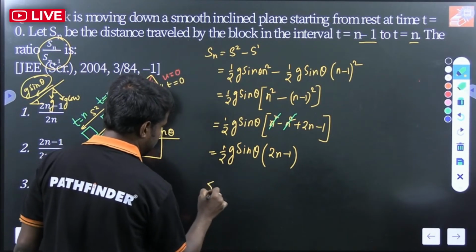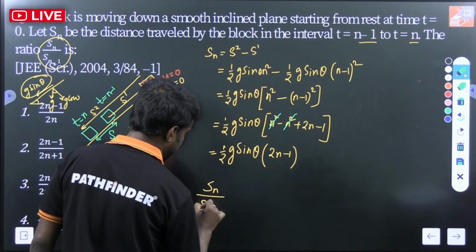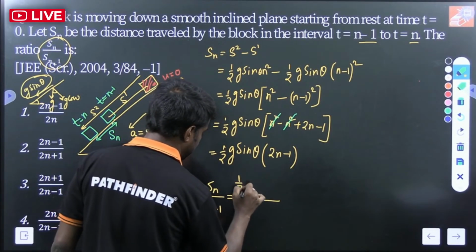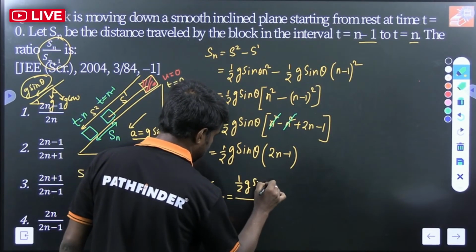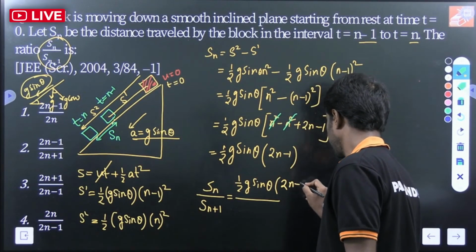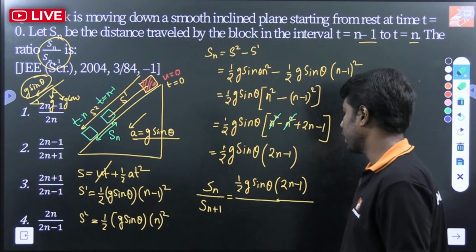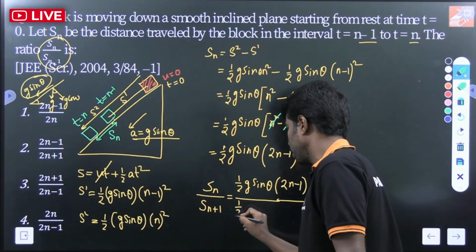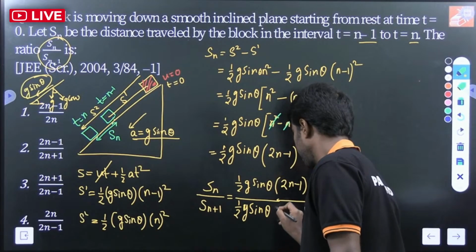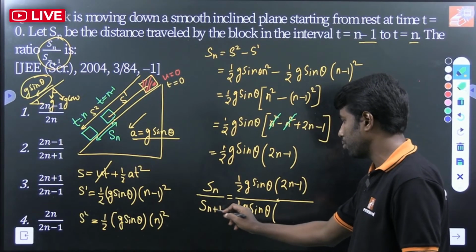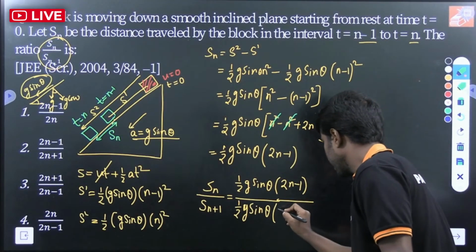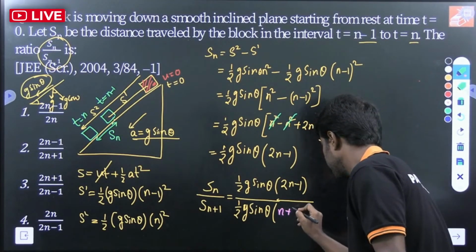So now Sn by Sn plus 1 is equal to the Sn value, you can put 1 by 2 g sin theta and (2n minus 1). For Sn plus 1, all values remain, we put g sin theta, and in the place of n we have to put n plus 1.